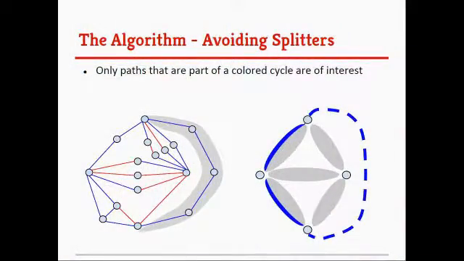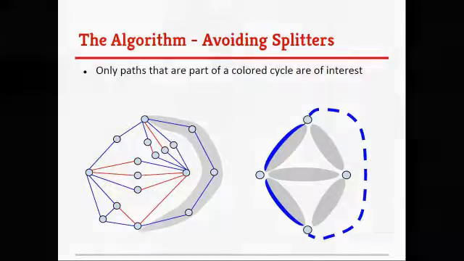However, only those paths that are part of some colored cycle are of interest since they could be a splitter. Please note that we also have information on the parent of the SPQR3 node, and later I will show how it is possible.